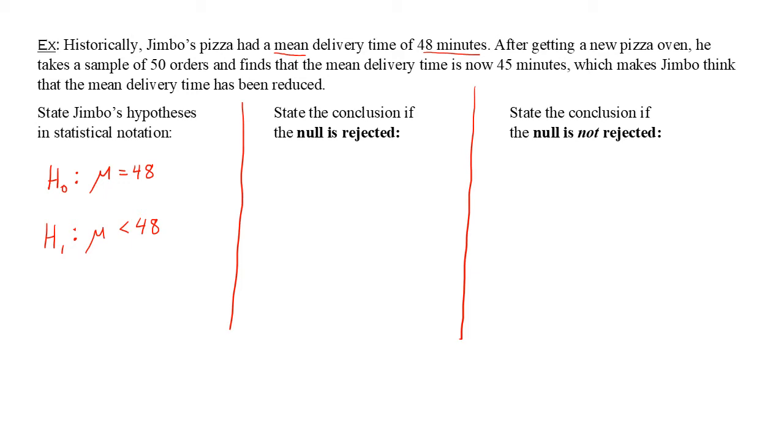So if we reject the null hypothesis, what we're saying is really that the alternative hypothesis is true. So then the evidence supports the alternative hypothesis.